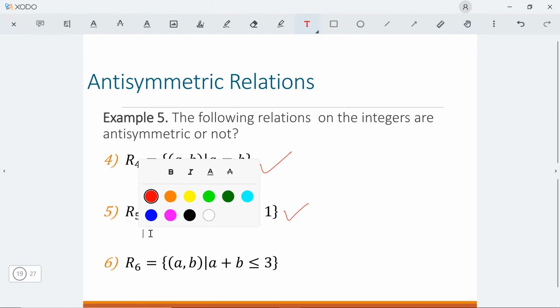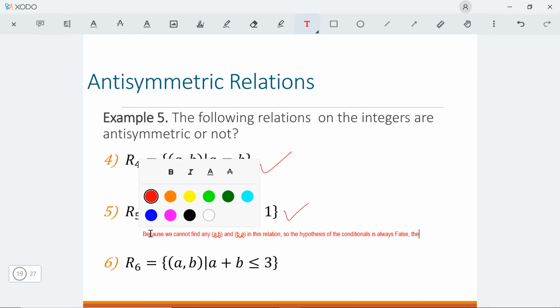Okay, so let's rewrite this. Because we can't find any (A, B) and (B, A) in this relation, the hypothesis is always false.